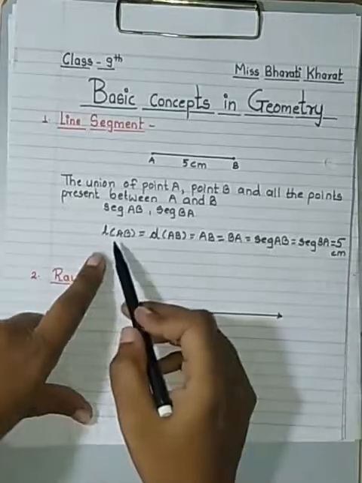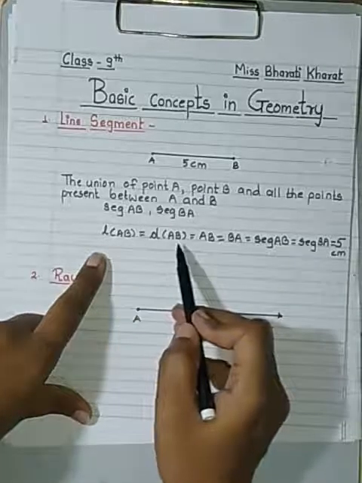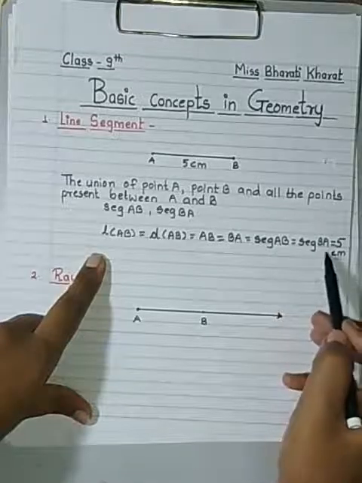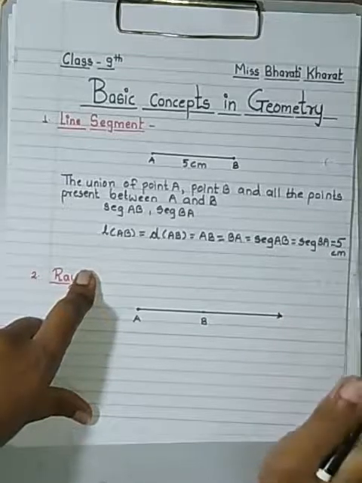It can be read as length AB or distance AB or simply AB, BA or segment AB or segment BA is equal to 5 centimeters.